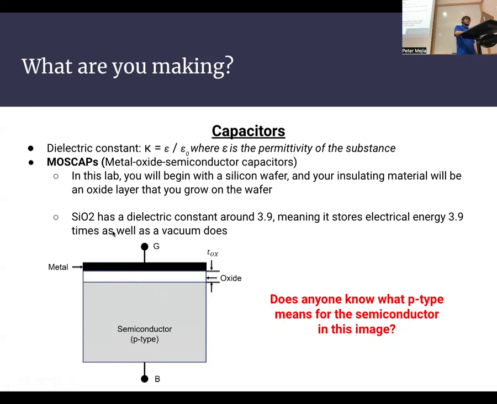This is SiO2, the oxide. It has a dielectric constant around 3.9, meaning it stores electrical energy 3.9 times as well as a vacuum does. You might notice that in this diagram, we have this semiconductor and it says P-type. Does anyone know what P-type means for the semiconductor in this image?